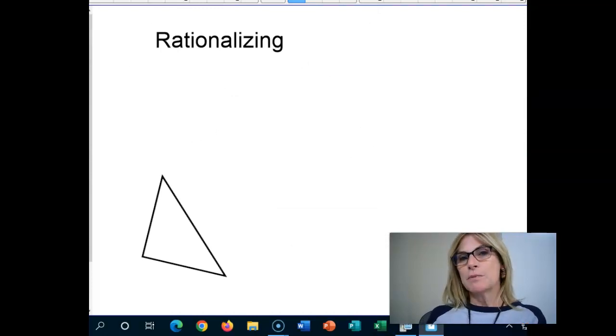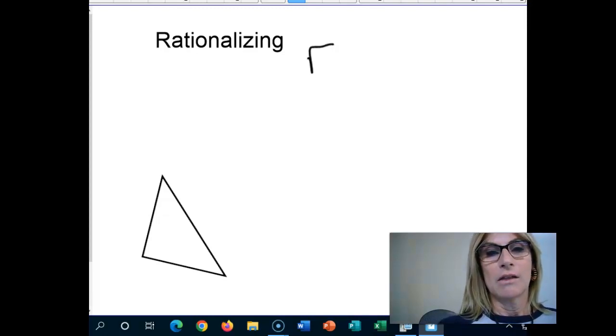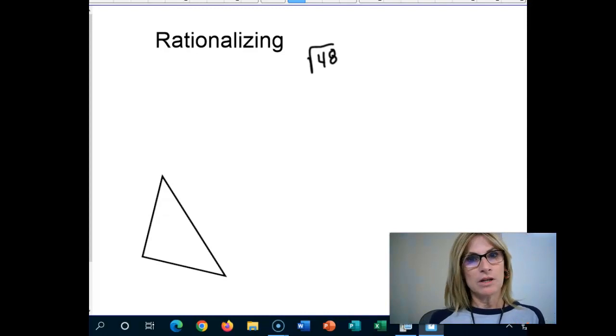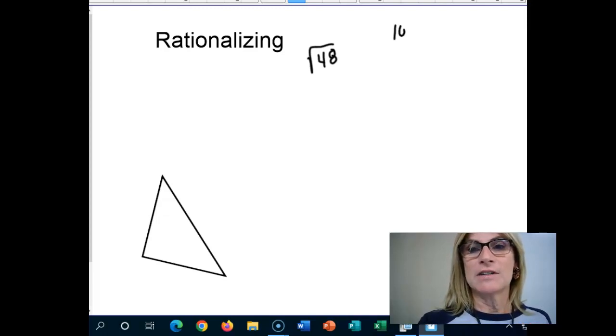Okay, so suppose we do have a square root that we can simplify, something like the square root of 48. Do we know the square root of 48? No, but we can break it down. We can simplify that, and then we're going to talk about rationalizing also. Now remember, when you simplify, you're looking for perfect squares that divide into this number. So I typically start with 10 squared and say, is it divisible by 100?